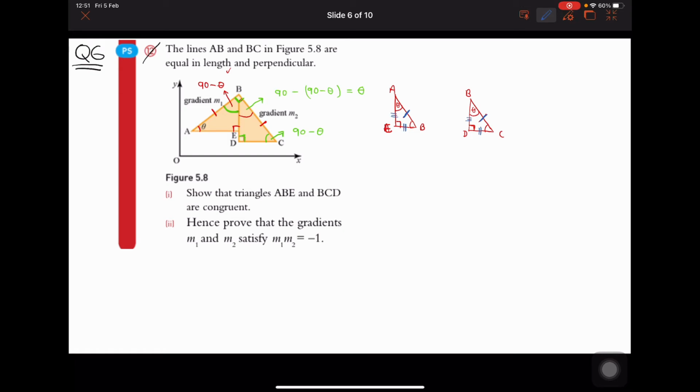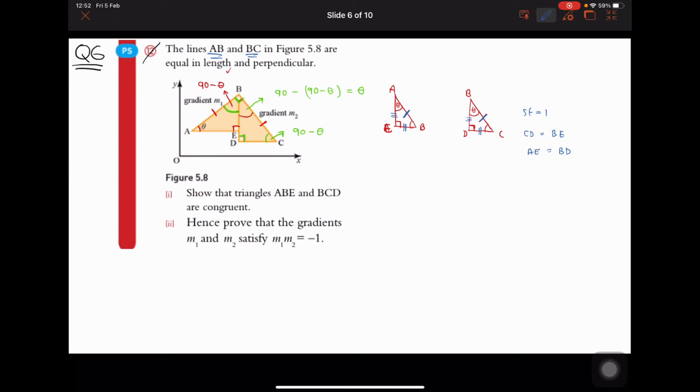But we know that AB is equal to BC. So you could say the scale factor between AB and BC is 1, which means they're the same. And so that means CD is equal to BE and AE is equal to BD.